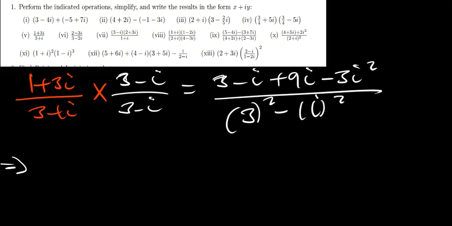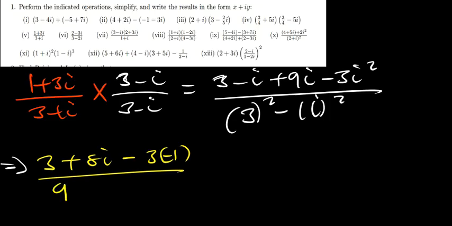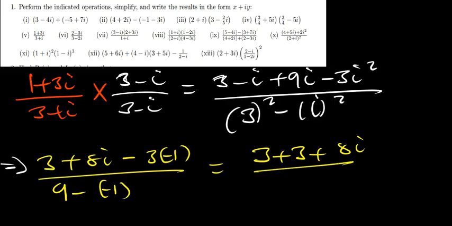So I'll end up having 3, and then plus 8i, then minus 3 times i squared, which I'll replace with negative 1. We divide this by 9 minus, this will be negative 1 because of i squared. So this is going to be 3, because of this negative, this is going to be plus 3, then plus 8i divided by 9, and negative, this is going to be plus, so it's going to be 10.